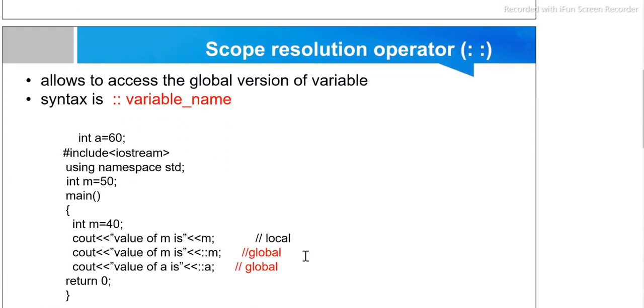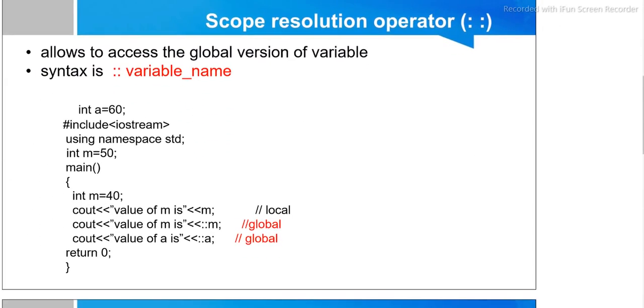The first one is the scope resolution operator. Basically, it helps us to access the global version of a variable. Global version means the variable declared outside our function, and it can be accessed through the program.